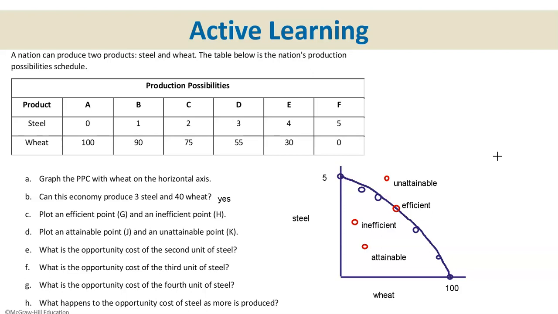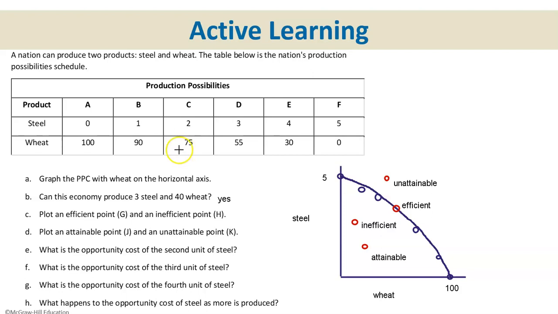Now to solve for opportunity cost. Solve for the opportunity cost of the second unit of steel. We can come up here to the second unit of steel. We want to get this steel. That means we're coming from over here. So we have 1 steel. We want to get a second steel. We want to see how much we gave up.